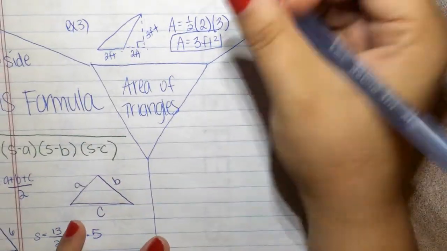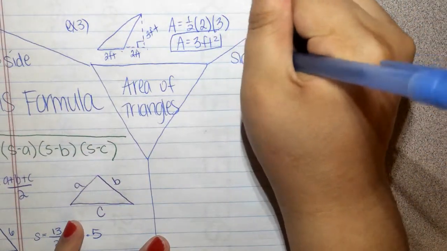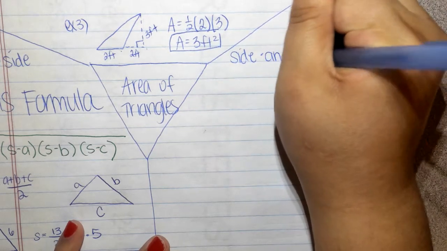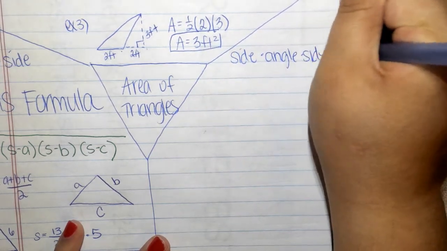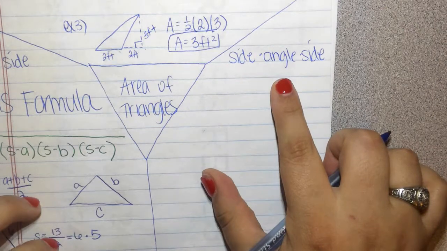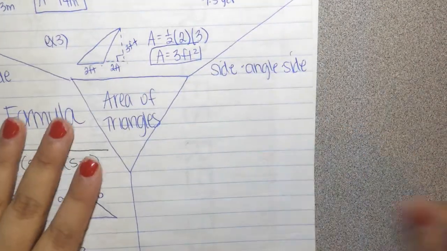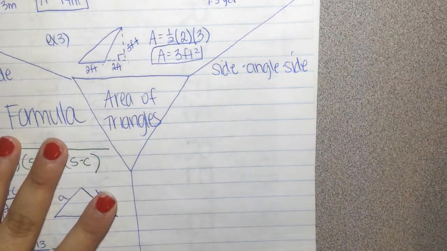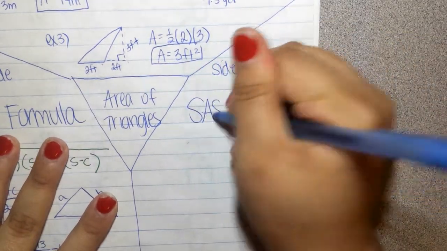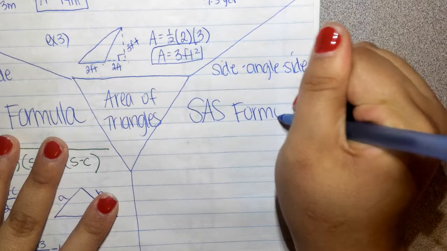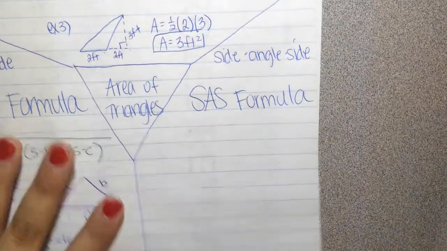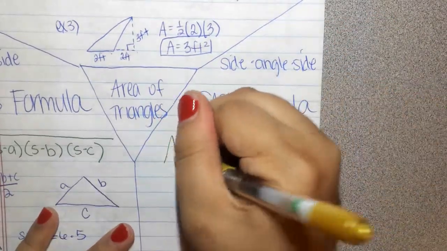Last thing for triangles I'm going to teach you is if instead of sides you're given a side, an angle, and a side in between. Now this is if your angle is not 90 degrees, because then you have a base times height. We call this the side angle side formula. And it's going to look intimidating, just like the other one, but it wasn't that bad.